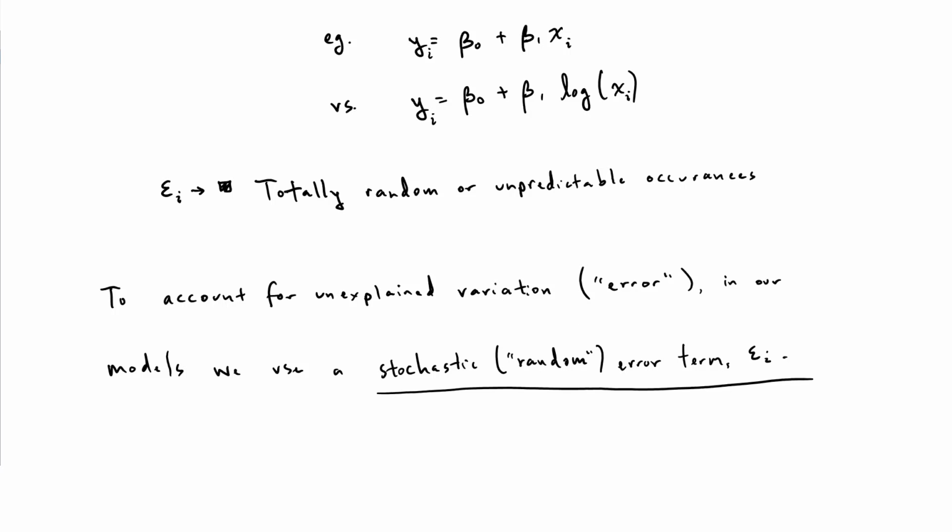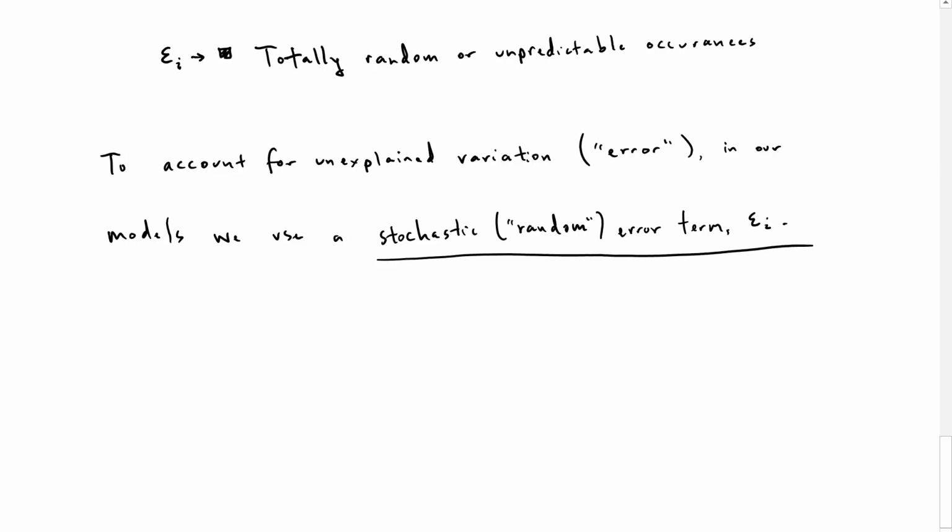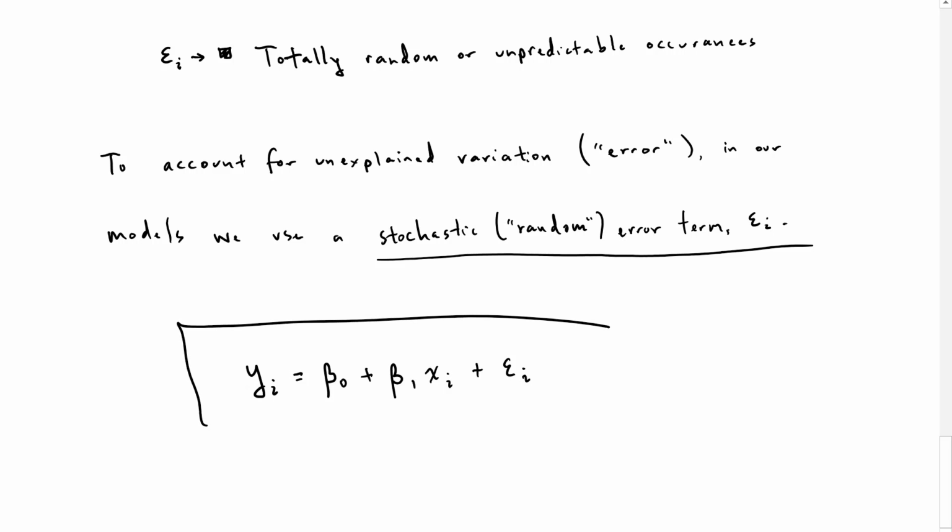Okay, and so when we add this into our model, we started with yi is equal to beta 0 plus beta 1 xi. We can now add to each individual a stochastic error term, so that we now have my health is a function of health insurance plus a bunch of randomness.